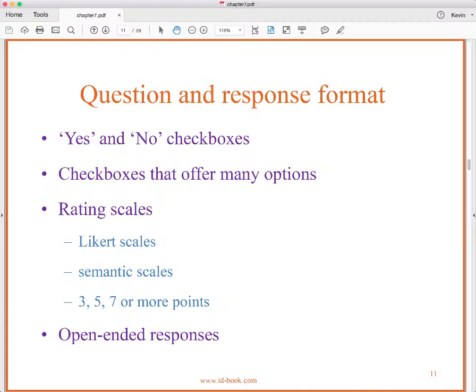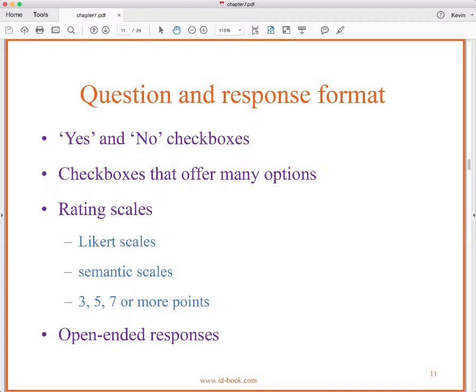So what kind of questions are we going to ask? Well, if we're going to ask yes or no questions, checkboxes are going to do fine, okay, or maybe radio buttons, okay. So we have radio button-ish things, checkboxing-ish things. We can have scales. So we could have Likert scales in which each of the items on the scale has its own description, okay.